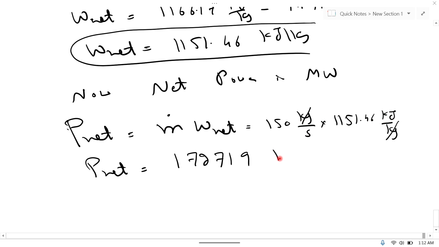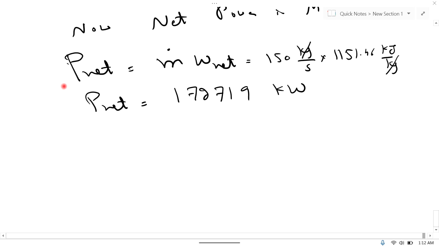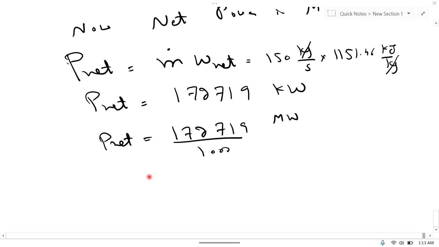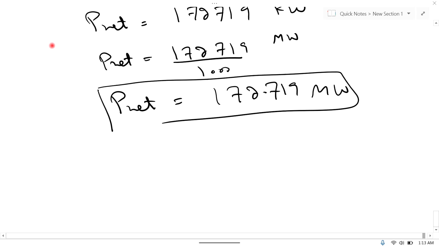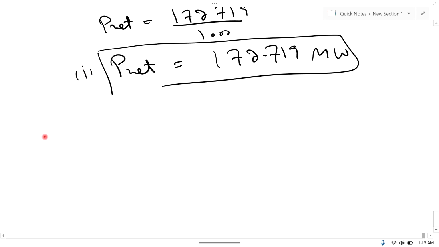Joule per second is watt. Convert kilowatt into megawatt by dividing by 1000. So net power, which is the required value, is equal to 172.719 megawatt.